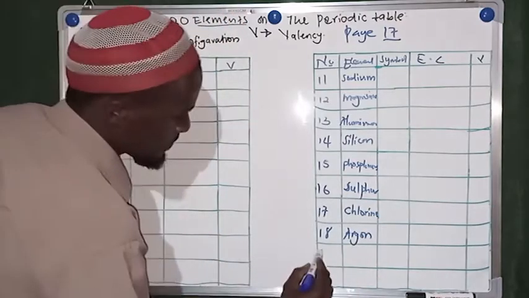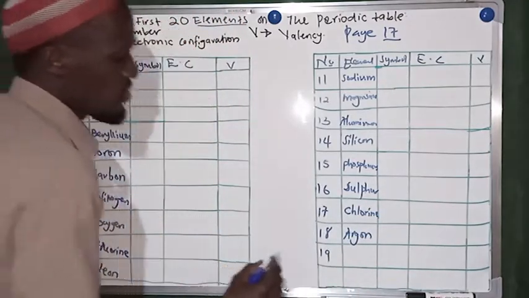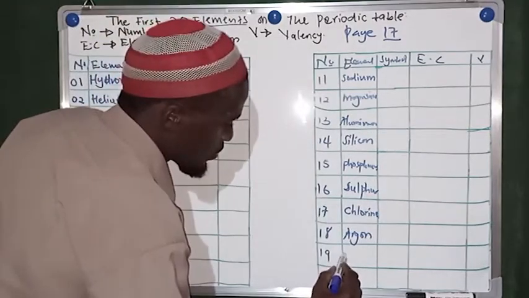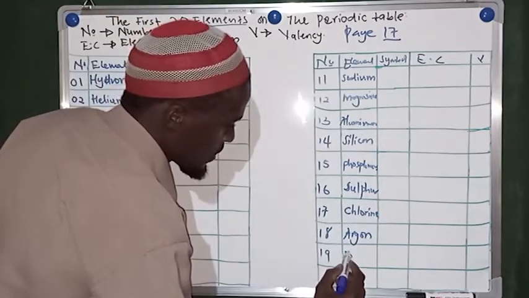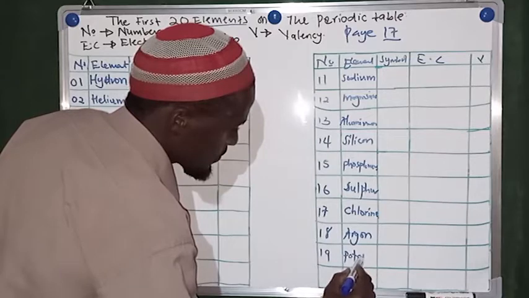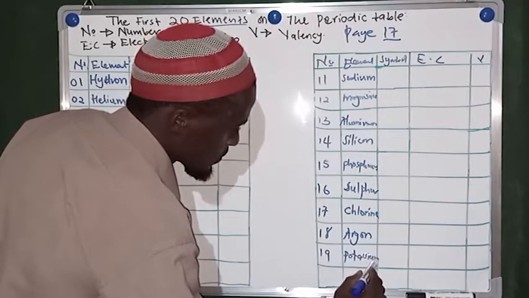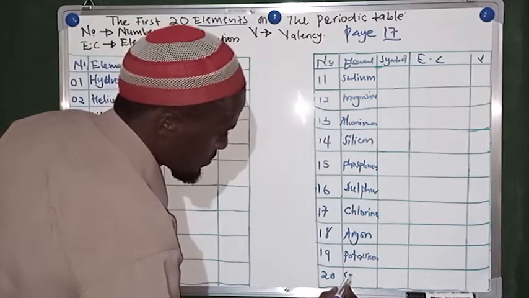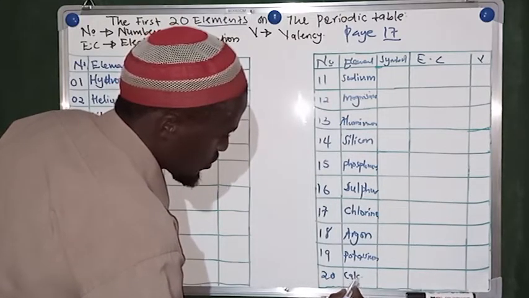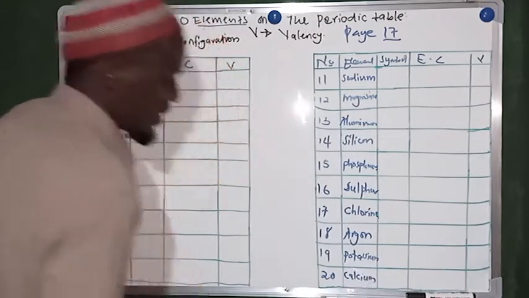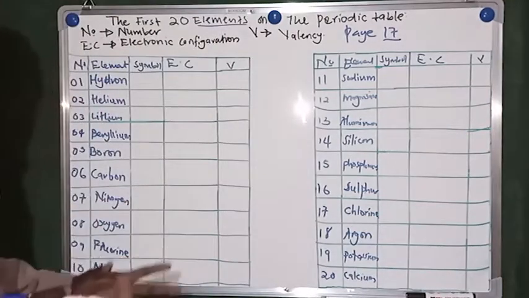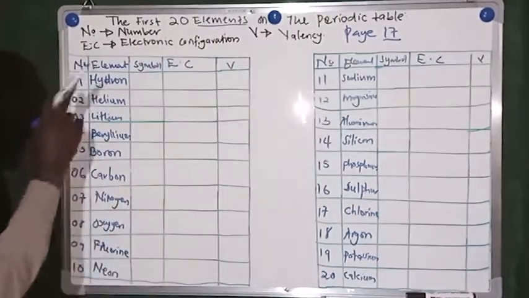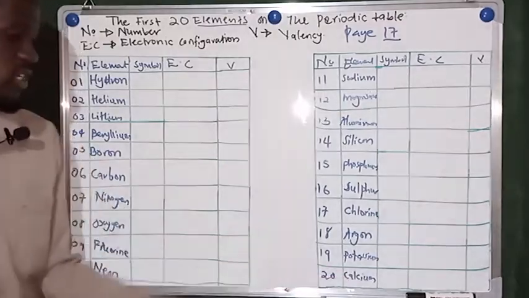Number 19 is potassium. And number 20 is calcium. Now those are the first 20 elements, starting from hydrogen and ending with calcium.